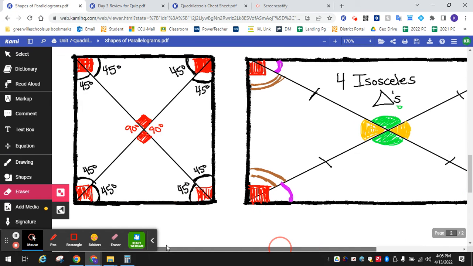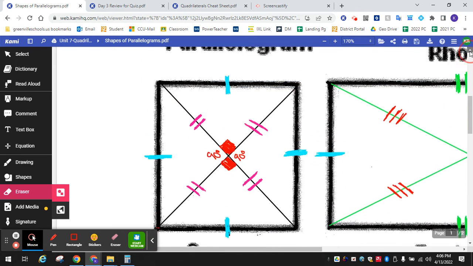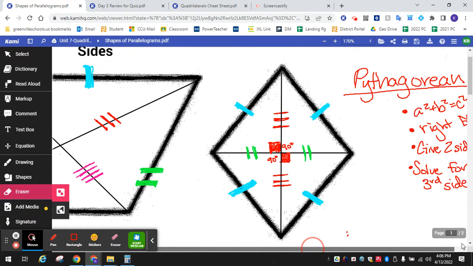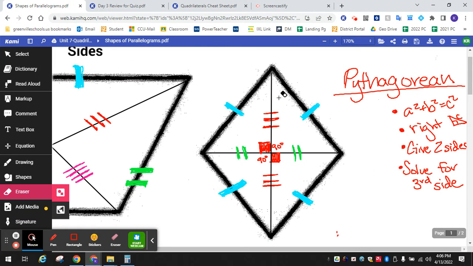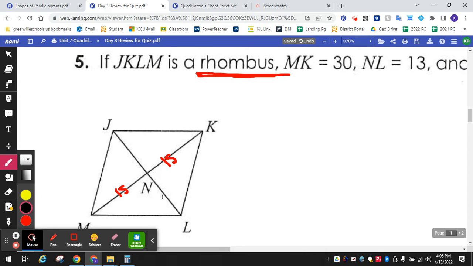Looking at our rhombus on the other side of the paper. They cut them in half. They bisect. The diagonals bisect. So if this is 30, then you know this is 15 and this is 15. So I'm going to get rid of the 30. And N to L is 13. So if this is 13, this is 13.